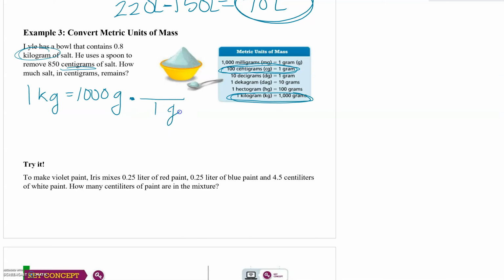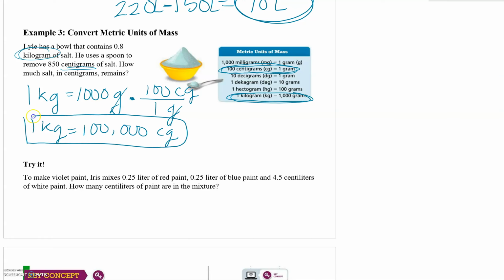So like my 1 gram here and my 100 centigrams there, and cross off my grams. So now I have 1,000 times 100, which is going to give me 100,000 centigrams is equal to 1 kilogram. So I made my own conversion factor here.